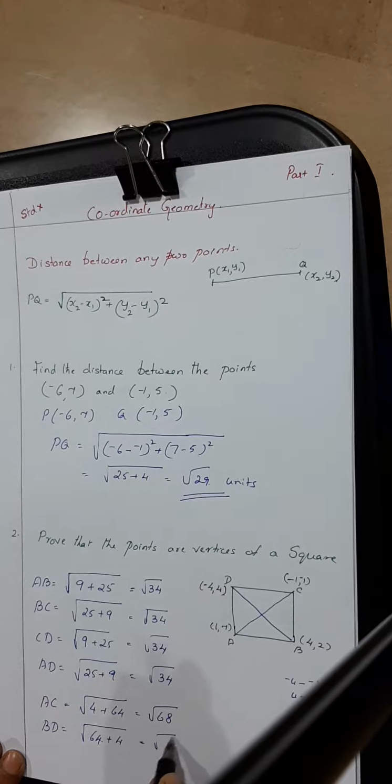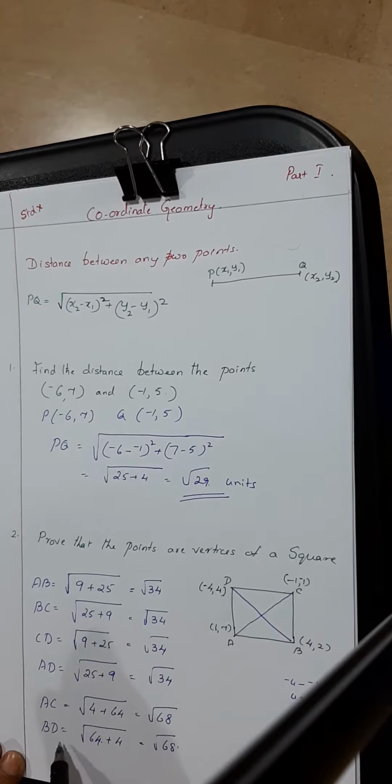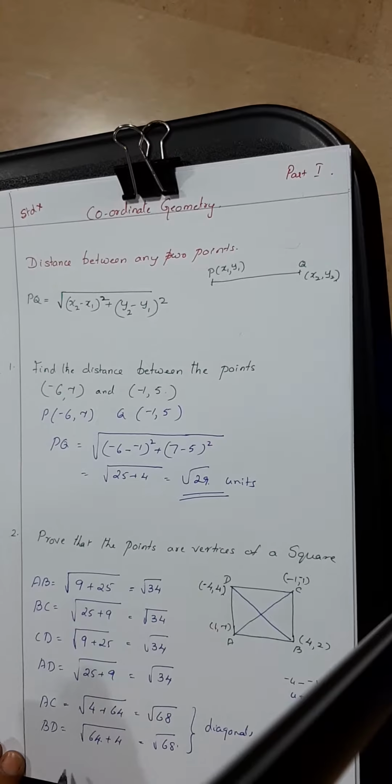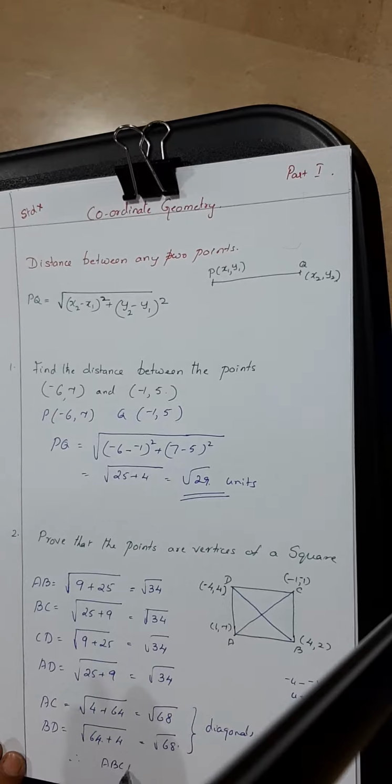It is root 68. So you got AC equal to BD. So the diagonals are equal. Therefore, ABCD is a square.